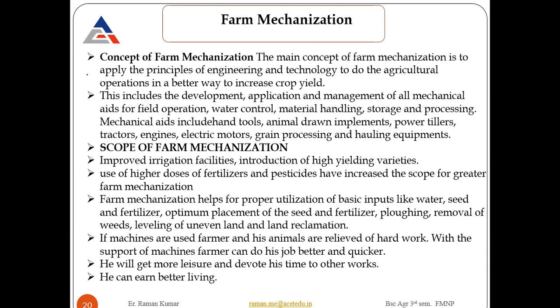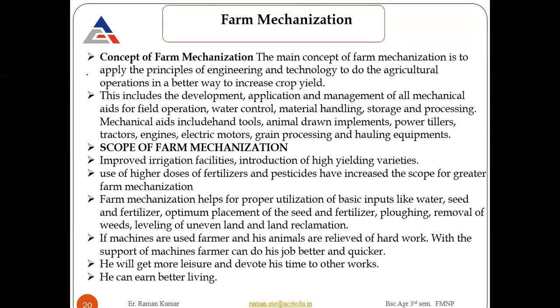Next, what is farm mechanization? This is the main concept. Mechanization is applied where we want to increase the crop yield, and there are different methods. It includes the development, application, and management of all mechanical aids for field operation, water control, material handling, storage, and processing.